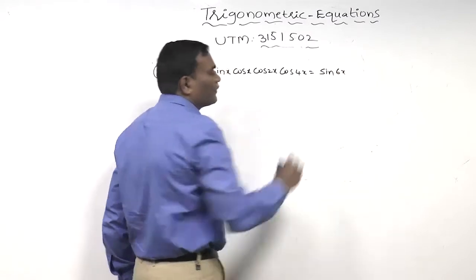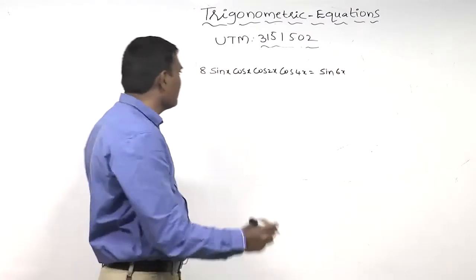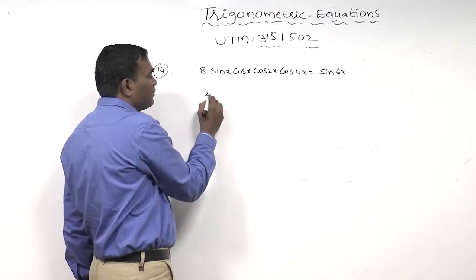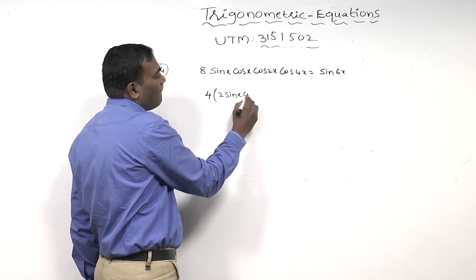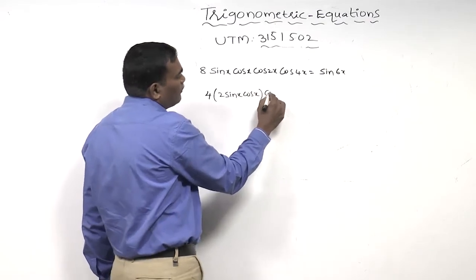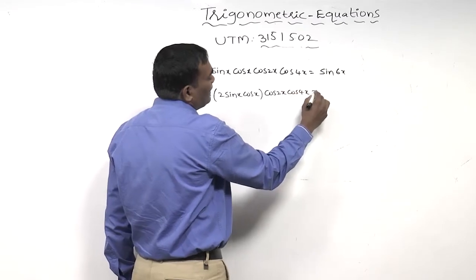Now simplify. What is 2 sin a cos a? Sin 2a. But here 8 is there. 8 can be written as 4 into 2 sin x cos x into cos 2x cos 4x is equal to sin 6x.